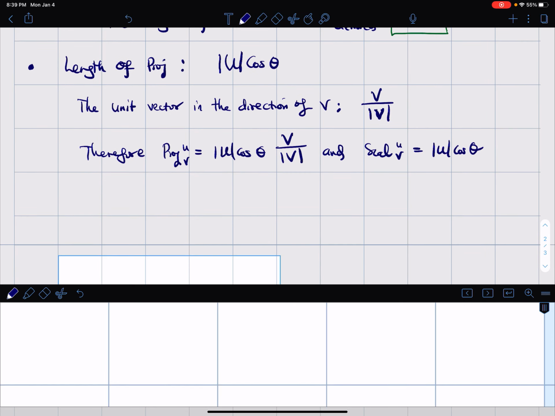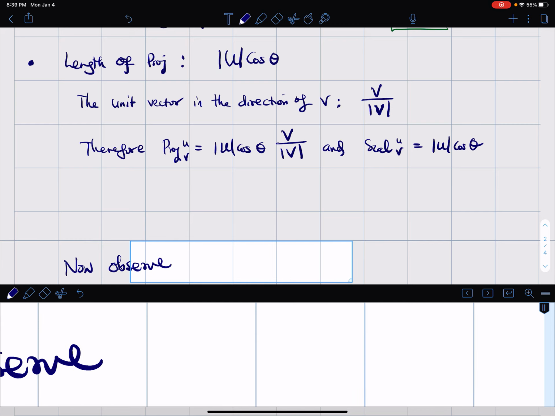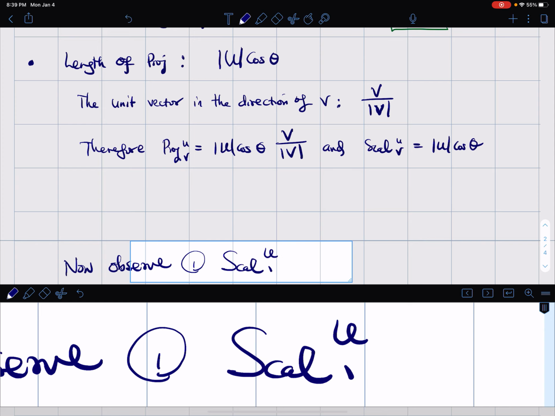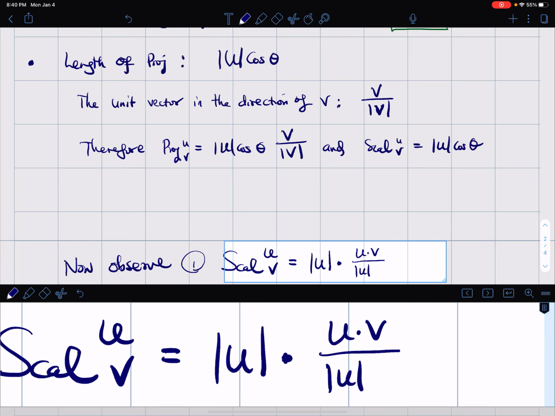Now let's observe one thing. The scalar component of u onto v is the magnitude of u times cosine of theta. If you look at the definition of the dot product, cosine of theta is just u dot v all over magnitude of u times magnitude of v.